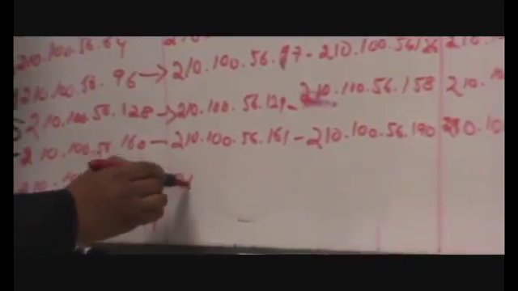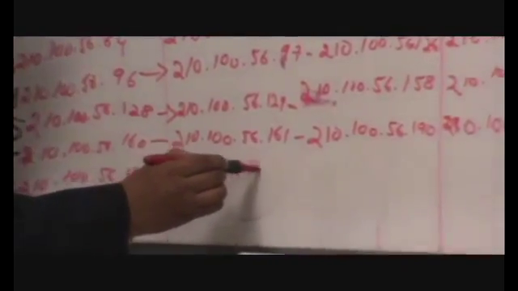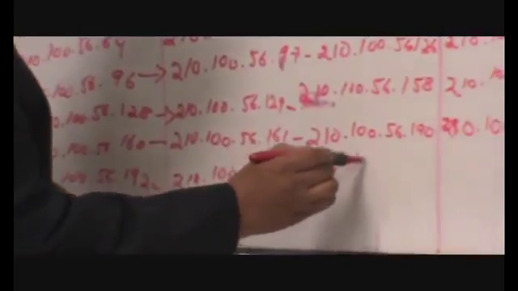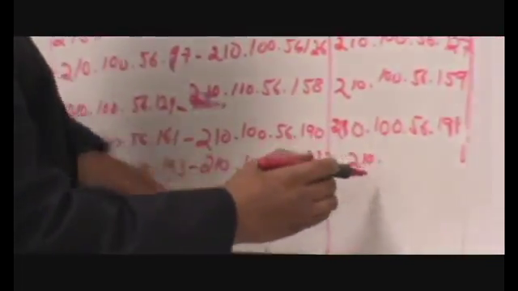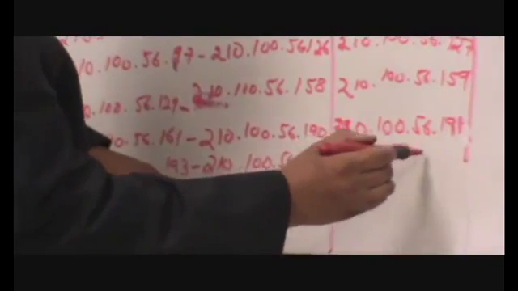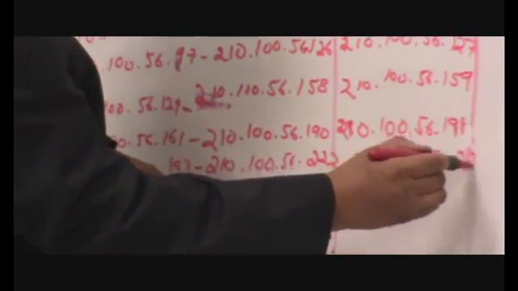And my network number 7 is going to be 210.100.56.192. 210.100.56.193 is going to be my first usable address. 210.100.56.222 is going to be my last usable address. 210.100.56.223 is going to be my broadcast.